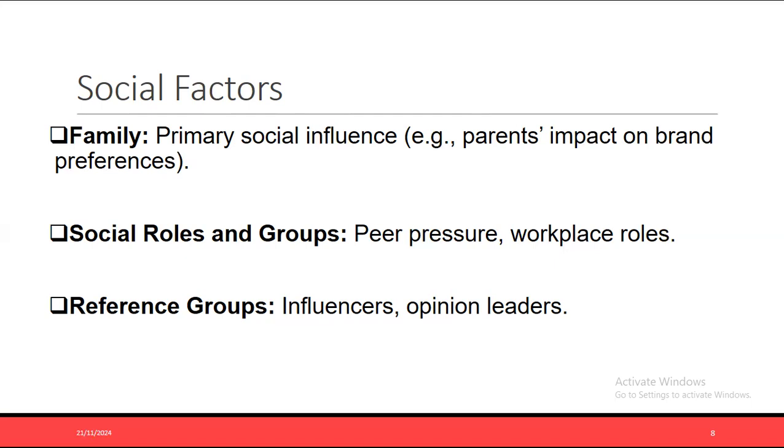If he stays with his parents or if she stays with her parents, what are her parents' thoughts about your product? What are her parents' thoughts about the services that you are providing? Based on this, if the family of your consumer align with your product, then of course it will affect the purchase positively. But if they don't like your product, then it will also affect the purchase negatively.